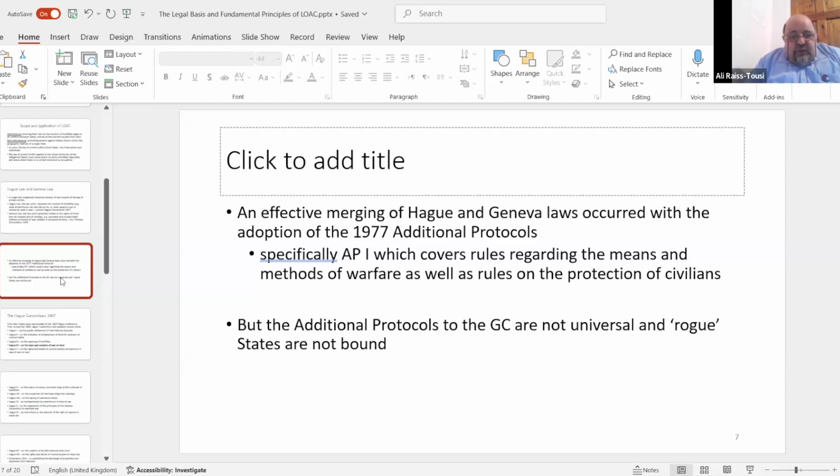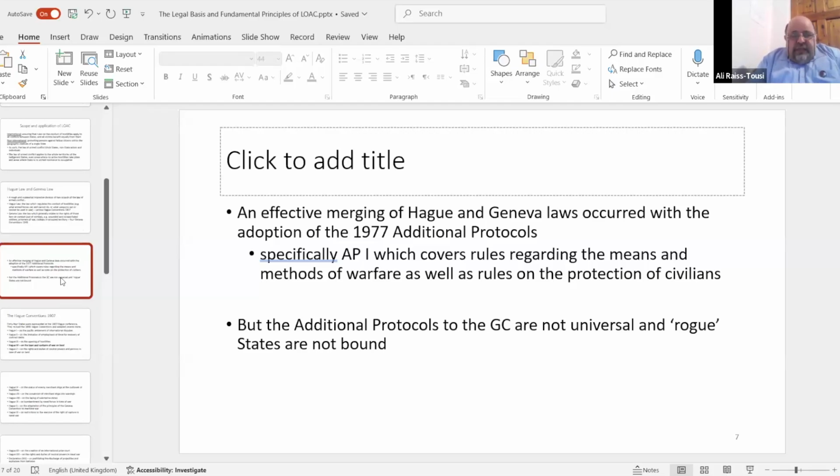However, we have to be aware that the two additional protocols of 1977 are not universal, unlike the Geneva Conventions. When we say the Geneva Conventions are universal, it means that every state on planet Earth has agreed and has accepted obligations under those treaties.